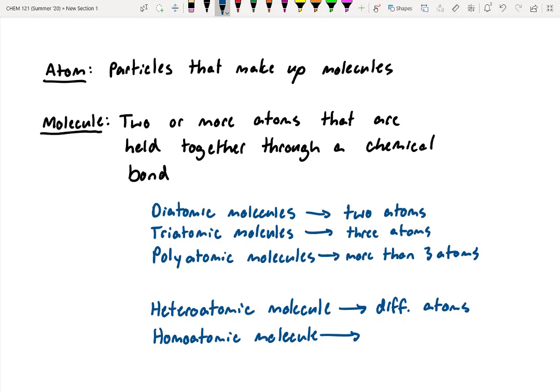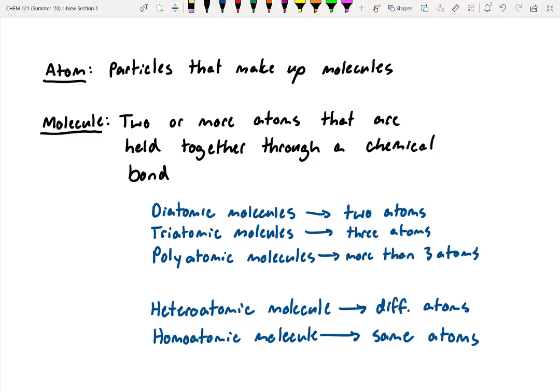It must be a heteroatomic molecule, where O2, oxygen, is made up of two oxygen atoms that are entirely the same. So these are homoatomic. So we can really get down into the nitty-gritty of what type of molecules we're talking about by using either these terms, di, tri, or poly, in addition to hetero or homoatomic.